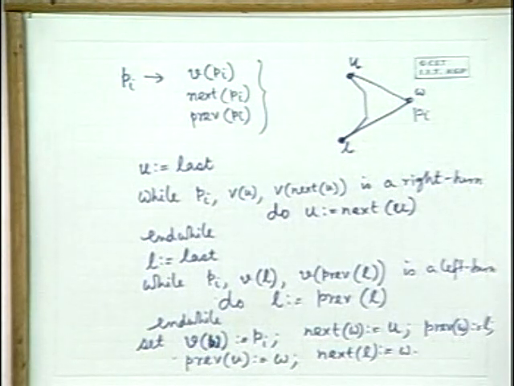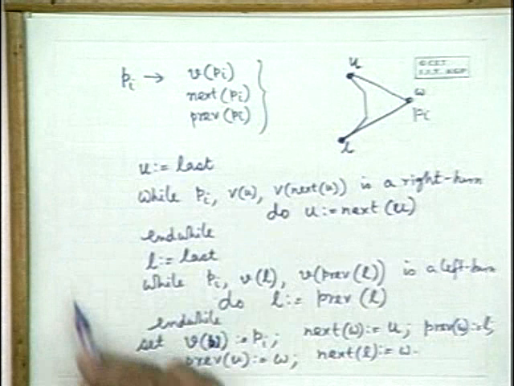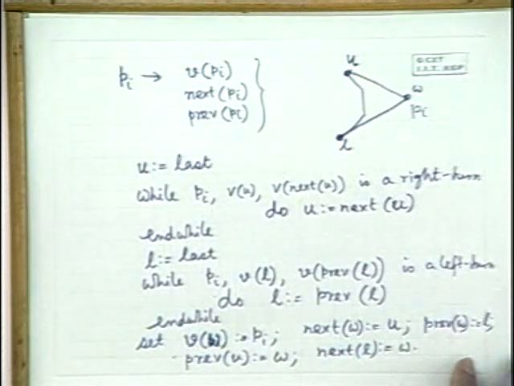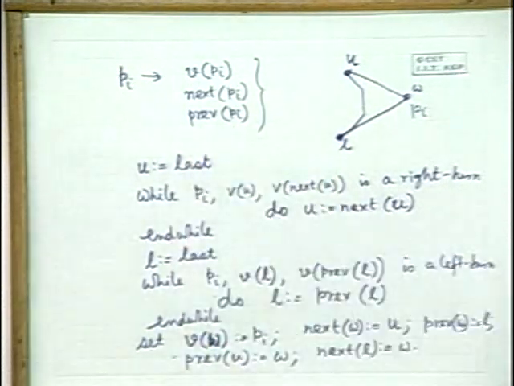You have updated the convex hull. So this part you plug into the original algorithm where you are trying to find out the upper tangent and lower tangent. That will give you the entire convex hull computation.